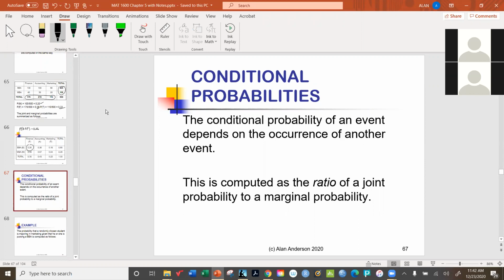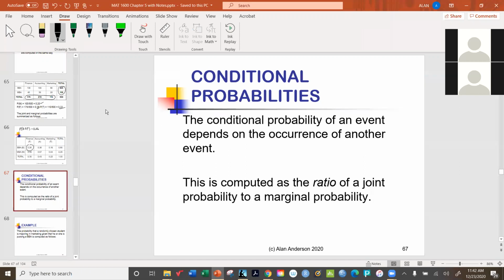So in other words, let's say, just making an example up off the top of my head, what is the probability of going to the movies given that it's raining? Well, I think you'll agree that the probability of going to the movies does depend to a certain degree on the weather.